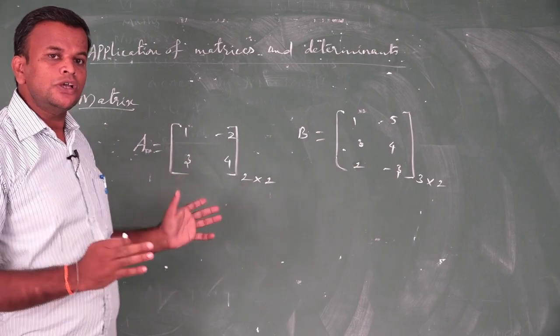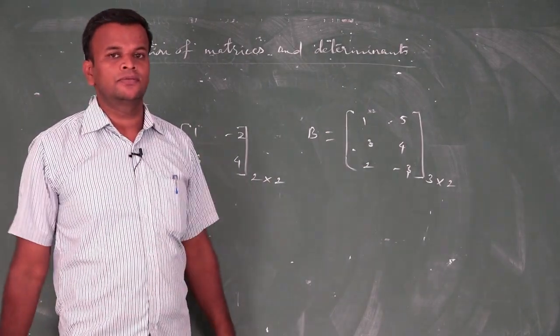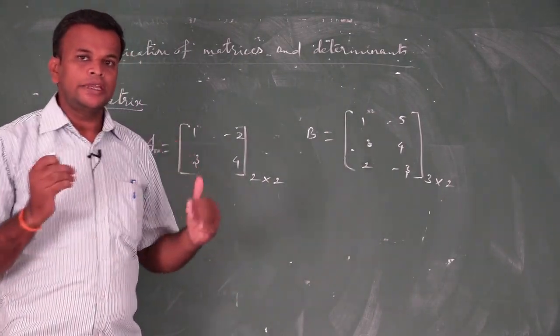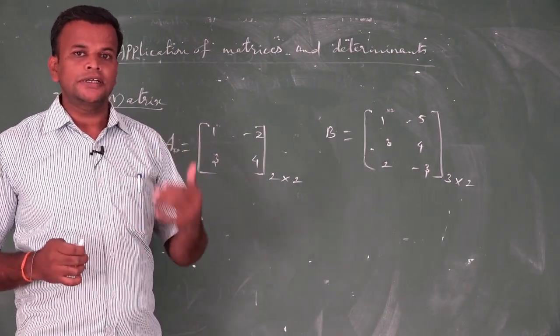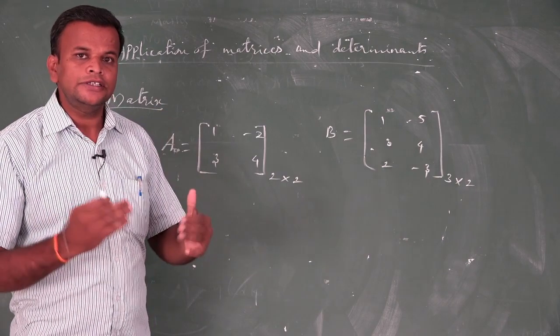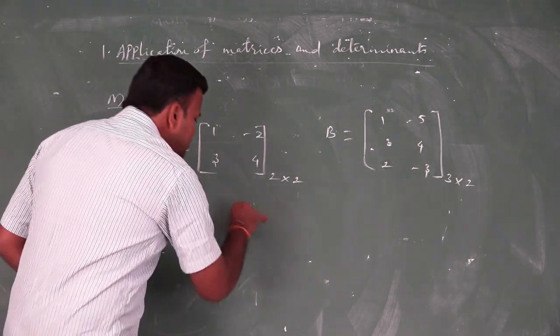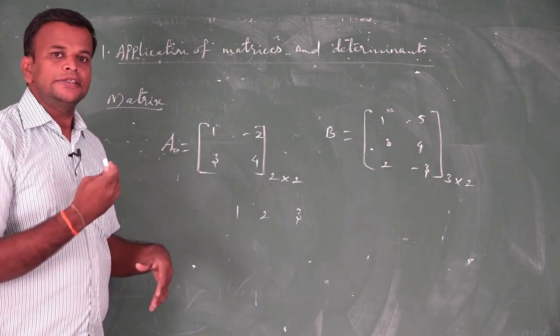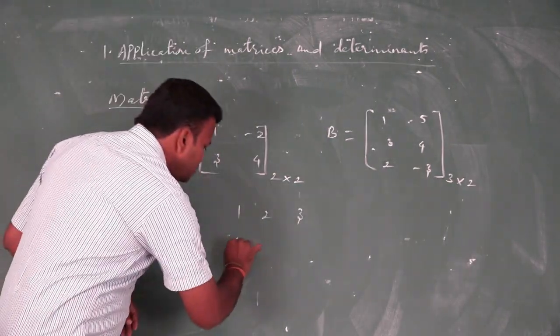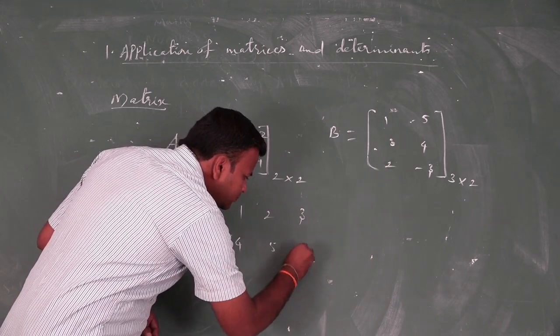So what is the use of the matrix in our real life? Suppose we arrange some persons rank-wise. The first rank, second rank, third rank will be arranged in the first row, suppose. So we arrange 1, 2, 3. And the next ranks are arranged in the next row, so 4, 5, 6.